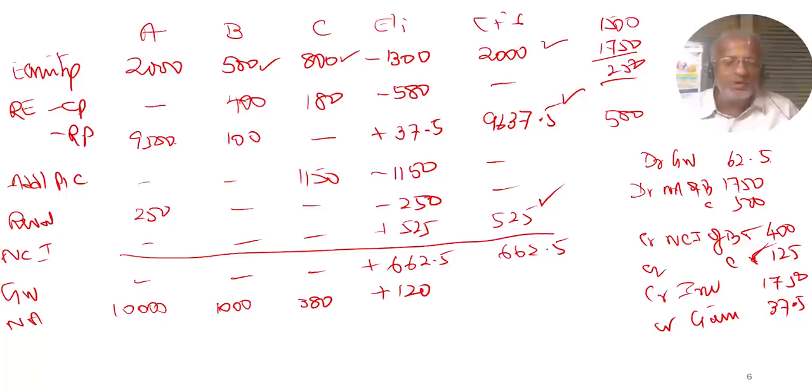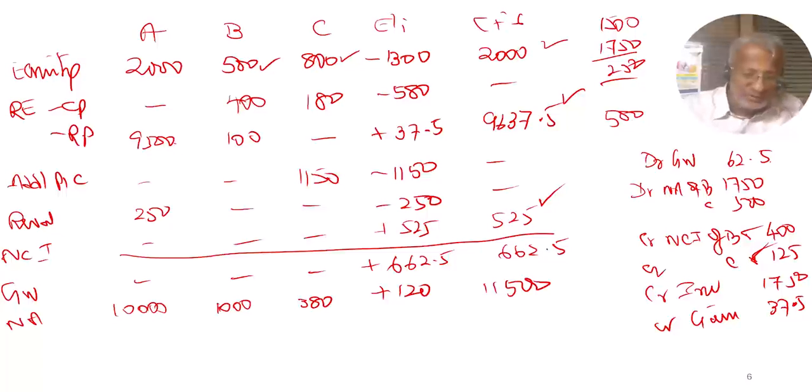So we have got to add 120, and thereby the net asset value has got to be taken. Let me just check. So it is 10,000 plus 1000 plus 380 plus 120, all that comes to 11,500. This is the net asset value that we will take into consideration.